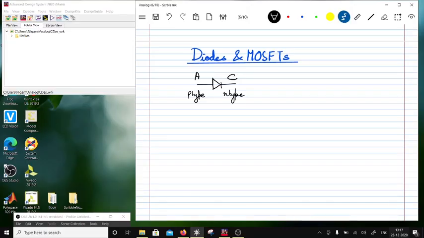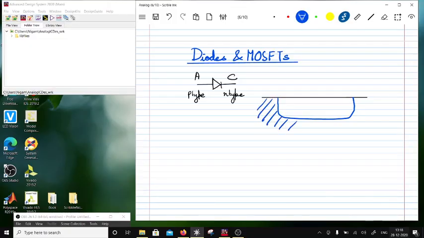Okay, so let's say we consider the N-well CMOS process. In an N-well process, the diode can sit in its N-well, right? So what would be that diode? Let's say that this is the N-well in which the diode sits, and this region is P minus.